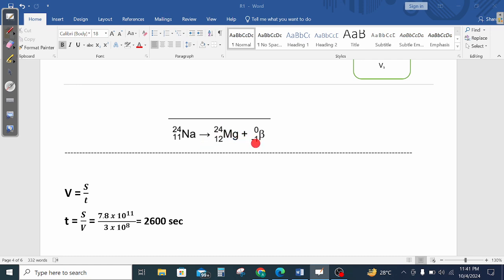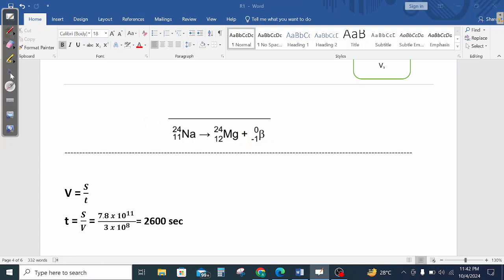So if you add this to this, minus 1 plus 12, you will again get 11. 24 plus 0 is equal to 24. So this is your correct nuclide notation. And one thing more, the parent nuclei is written on the left side, and the daughter nuclei in beta decay you must write on the right side.